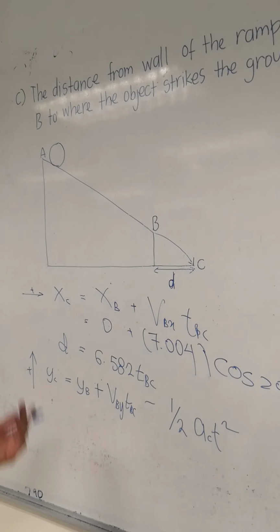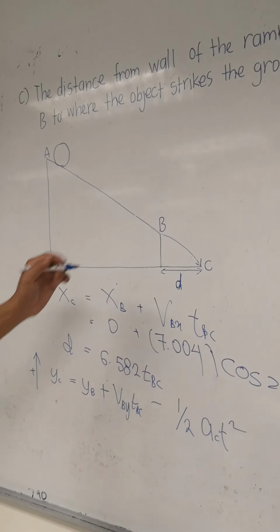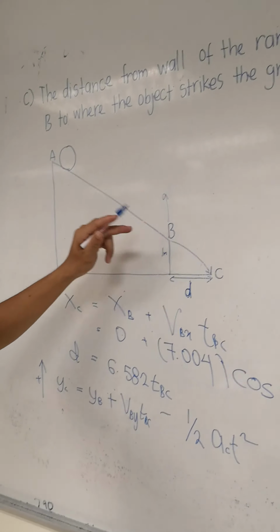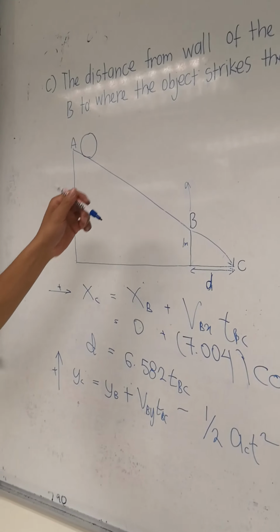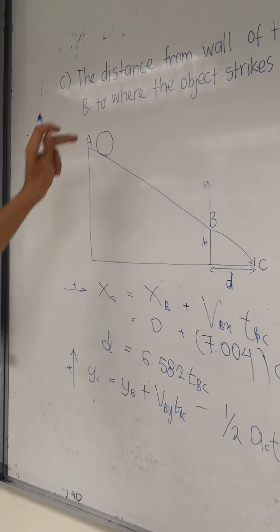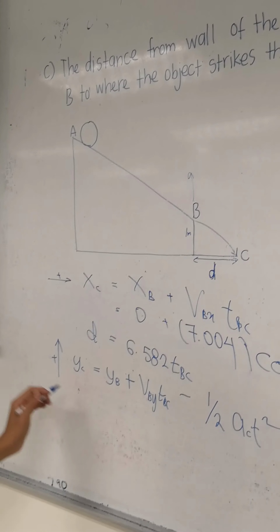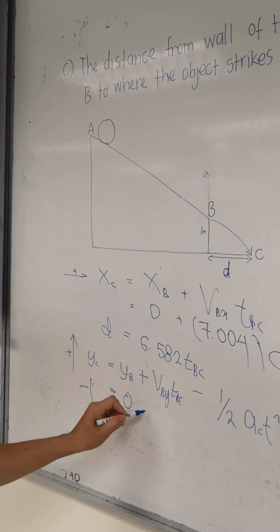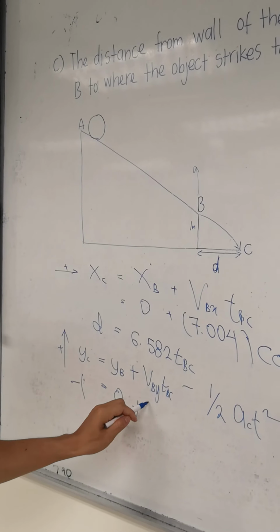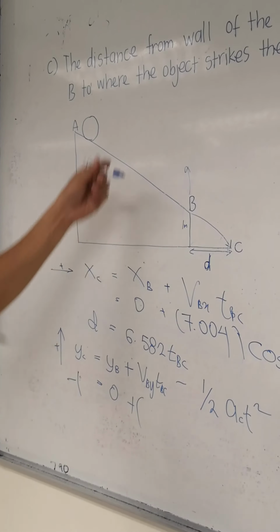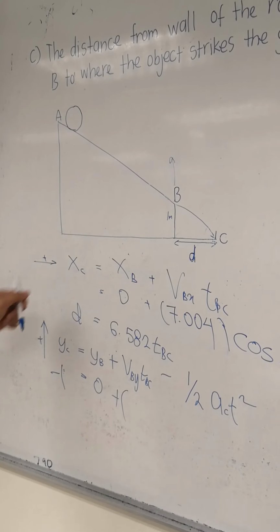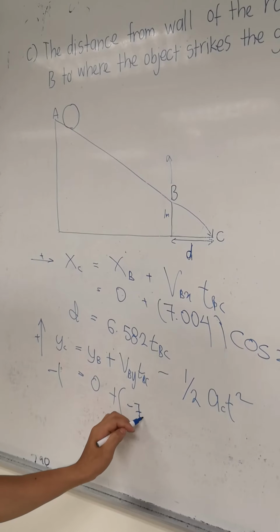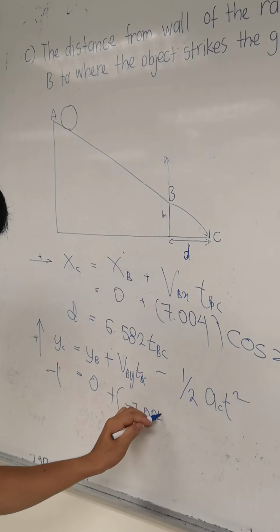Let us substitute the values. yC is at the height of 1 meter, but we assume upward is positive and the object is going downward, so it's negative. It's equal to yB, which is 0, plus the velocity, which is also negative since the object is going downward: negative 7.004.